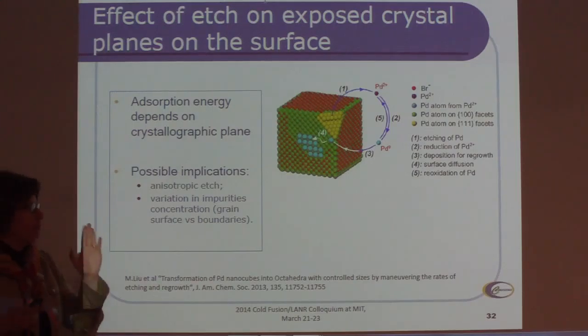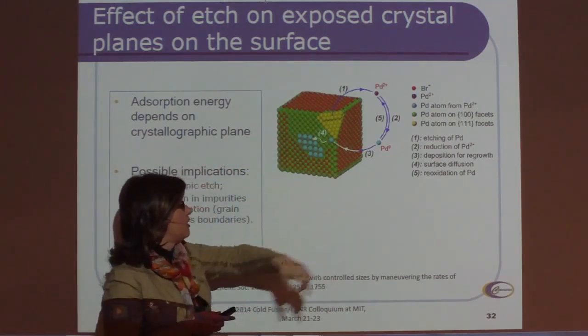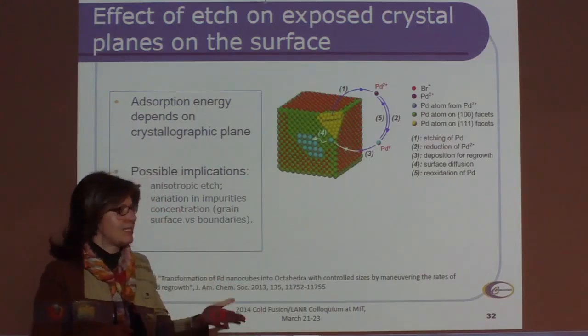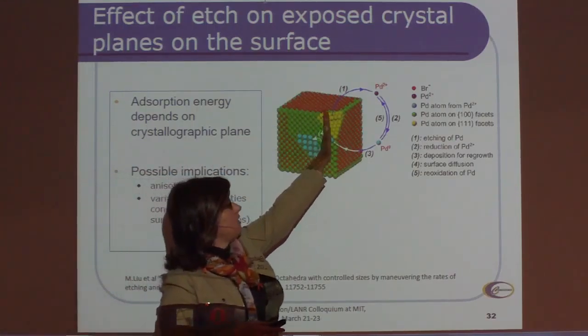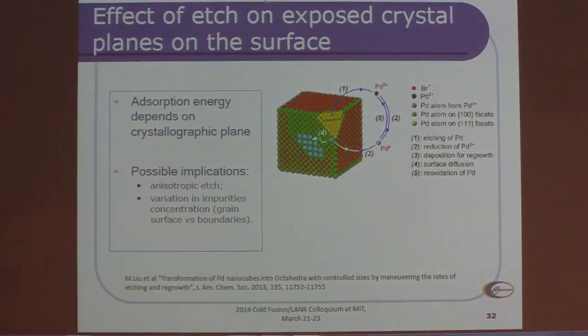And the thing is, the bromide wants to stick to this plane, and that's what blocks the etch. So the etch goes only through this corner. So is it possible to solve the same problem, but now numerically in DFT, and get the answer why the etch works in this peculiar way?